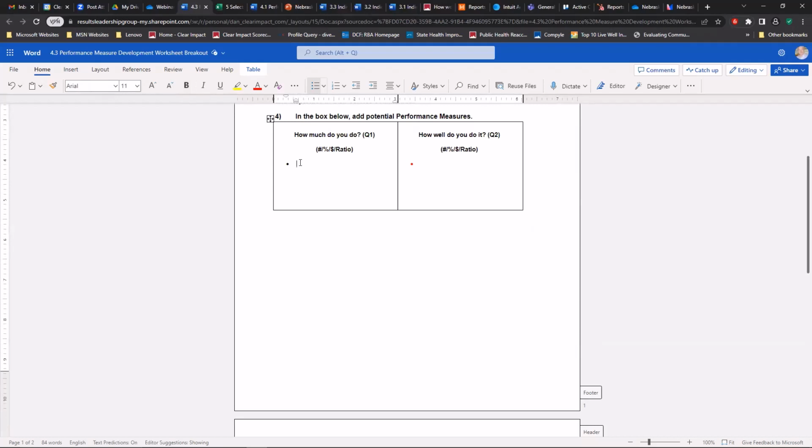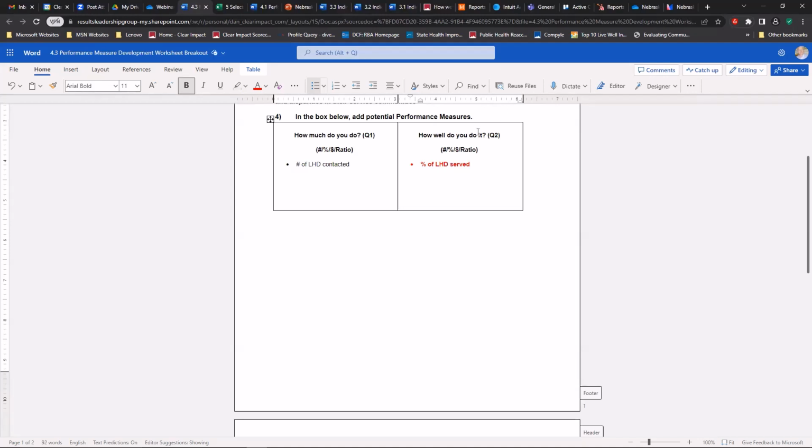So now up here, how much did we do? What would be your performance measure for how much did we do? This would be the number of local health departments contacted. And then over here, you could do the percent of local health departments that elected to join the program, because I assume they have to agree to do it.